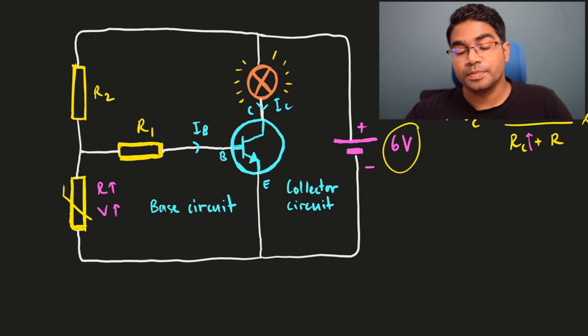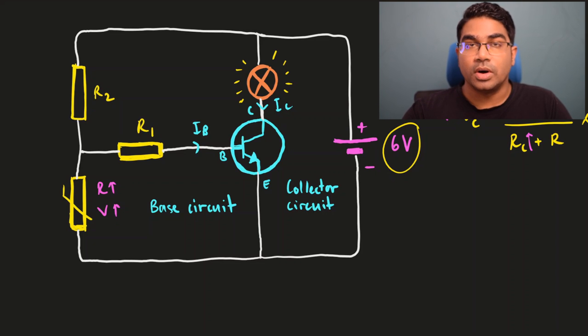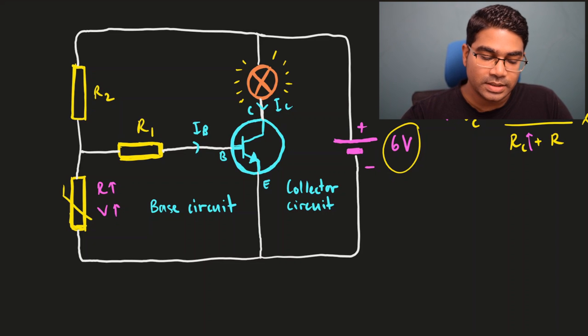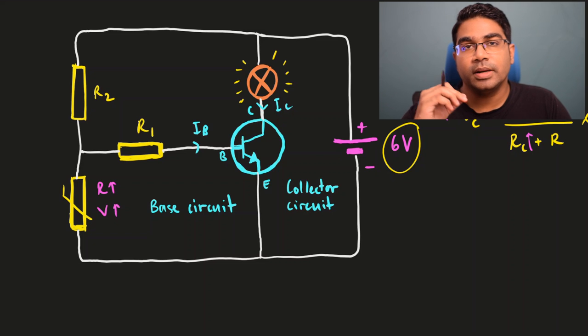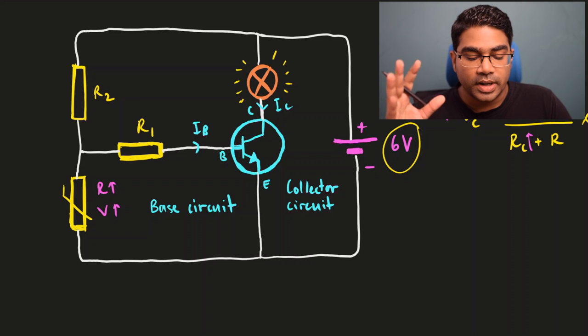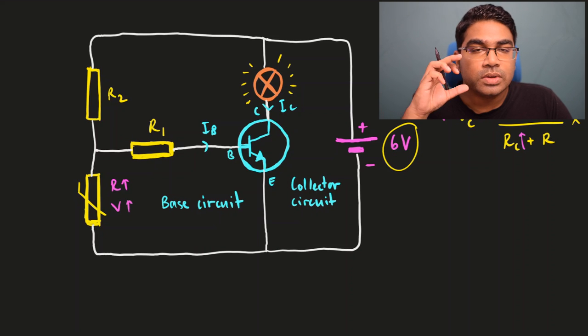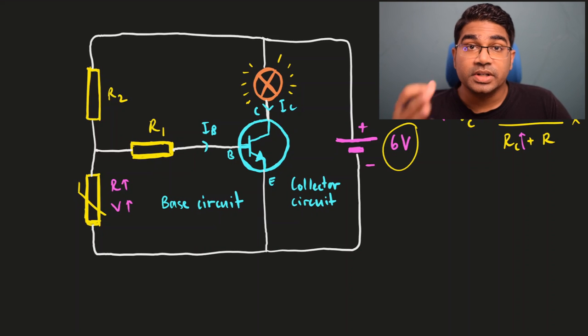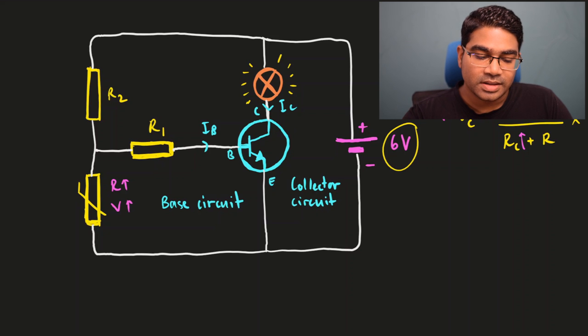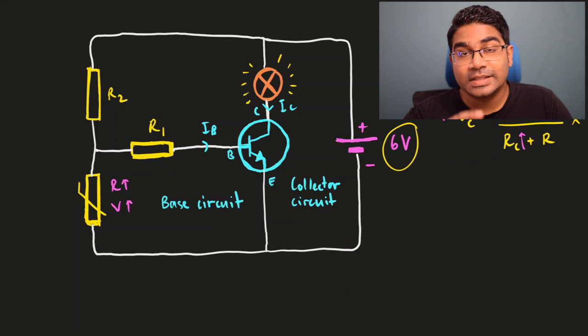So the transistor is switched on. So in this case, when it is cold, the light bulb will come on, whereas when it's hot, the light bulb will turn off. So when we use the thermistor as one of the components in the potential divider, it essentially acts as an automatic switch that detects heat.